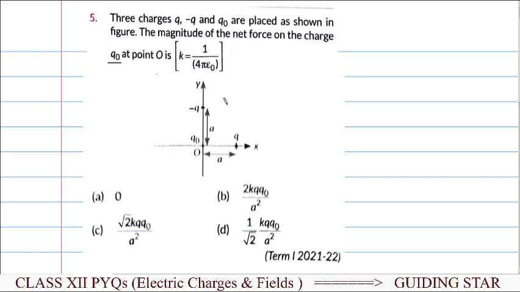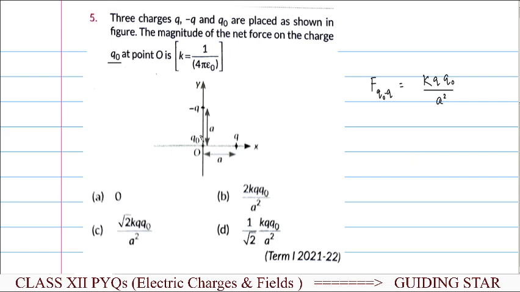So first of all, we will try to find out the force due to individual charges. Force on q naught due to this minus q charge will be equal to k q q naught divided by distance of separation square, so that means it will be a square.